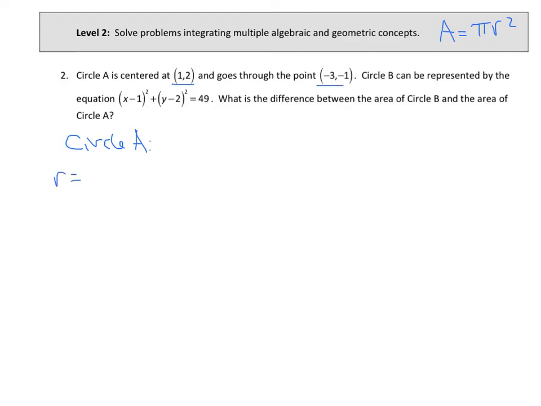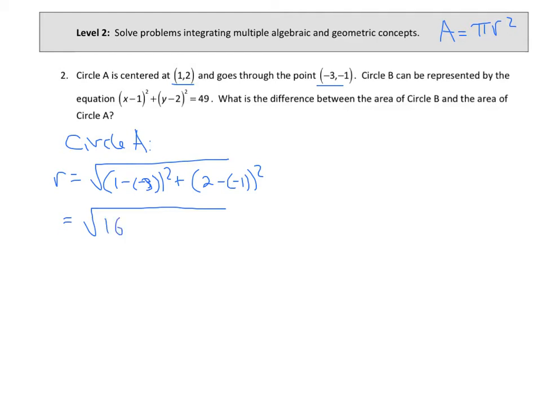So for the radius, I'm going to use the distance formula, subtract the x's, (1 - -3)² + (2 - -1)², and that gives us 4 squared, which is 16, plus 3 squared, which is 9, the square root of 25, which is 5.